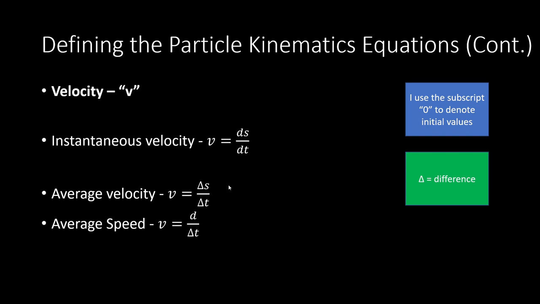Also, as we discussed on the previous slide, because the average velocity is using displacement, this will be a vector, and because average speed is using a distance, this will just be a scalar, or only have magnitude. We won't be using this average speed equation very often because often the data that it provides is not the most useful.